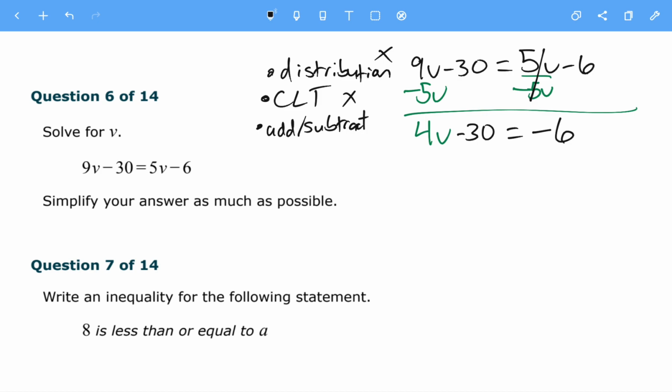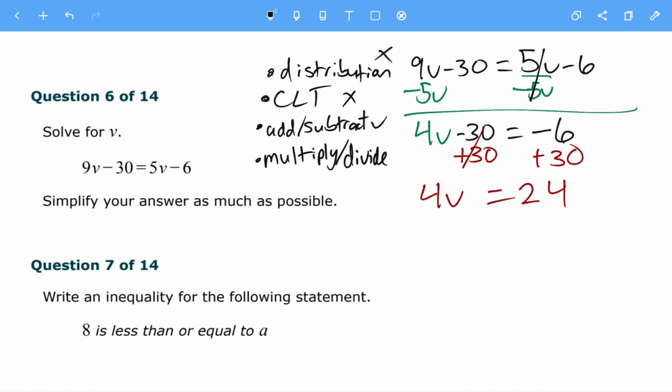Now we're not quite done with this step because we want to move the -30 to the other side. So I am going to add 30 to cancel out the -30, leaving me with 4v equals 24. We want to get the v alone, so now we're going to divide out the 4 on both sides.